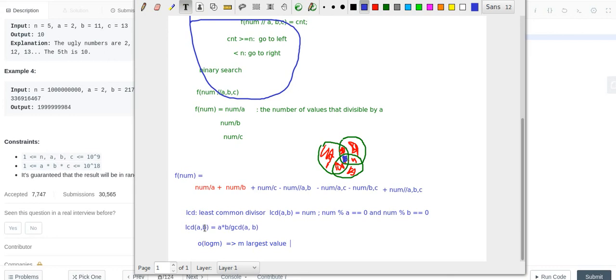In this example, we use m equal to 2 times 10 to the power of 9, which is enough. The space complexity is basically O(1).